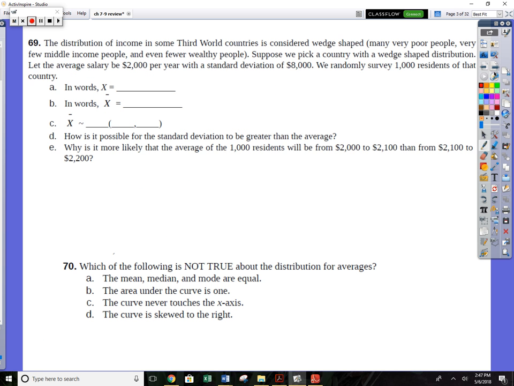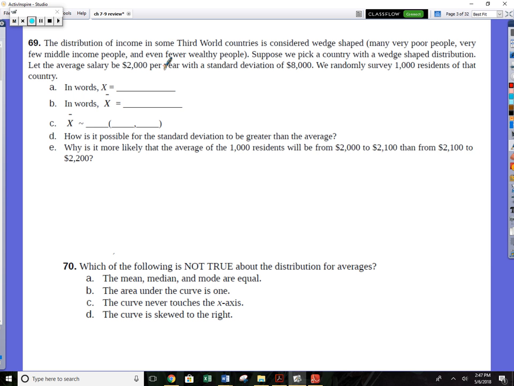Let's look at 69. The distribution of income in some third world countries is considered to be wedge-shaped. That means there's many very poor people and very few middle income, and then even fewer wealthy people. So suppose we pick a country that has a wedge-shaped distribution.